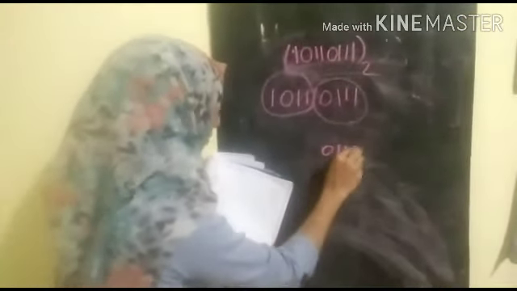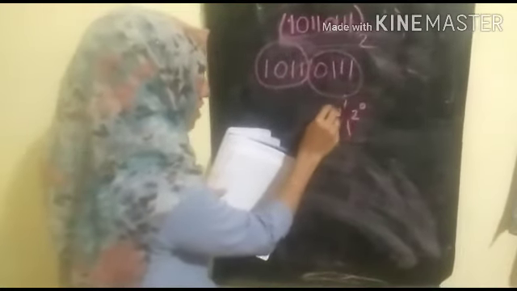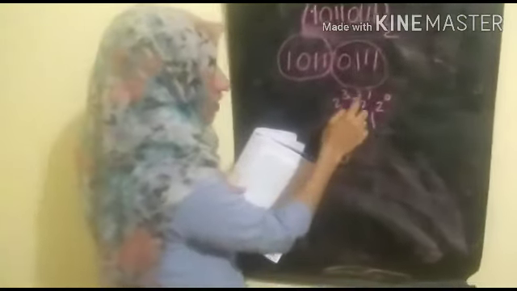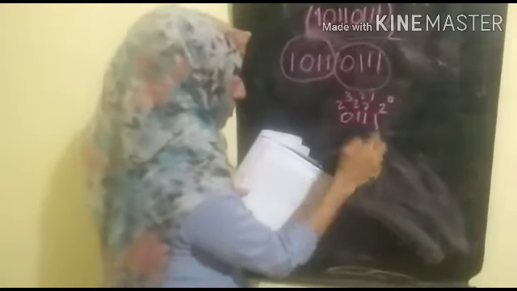Okay. Then write down here, this is 0 1 1 1. The base of a binary number is 2, so we use 2 raised to 0, 2 raised to 1, 2 raised to 2 and 2 raised to 3. 2 raised to 3 is 8, 2 raised to 2 is 4, 2 raised to 1 is 2, 2 raised to 0 is 1.